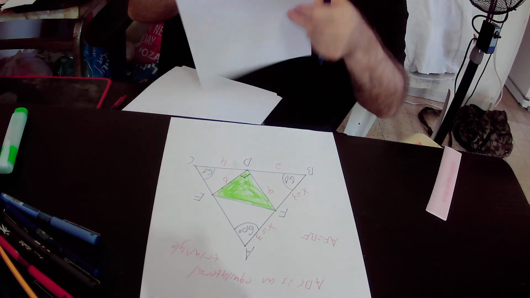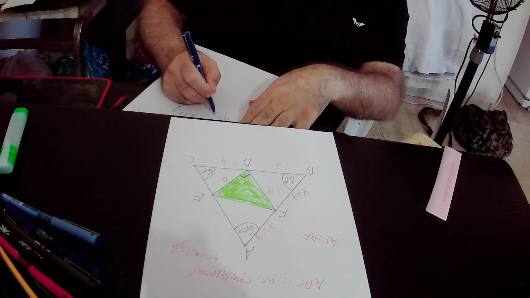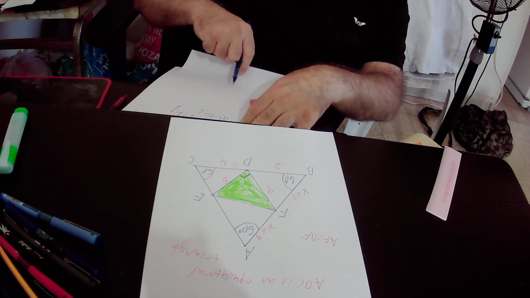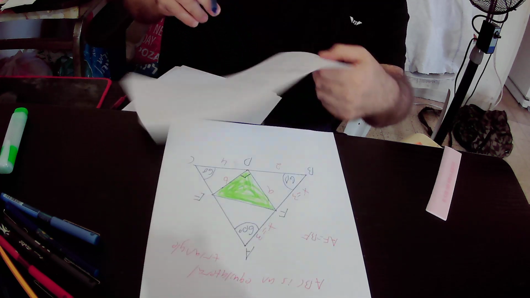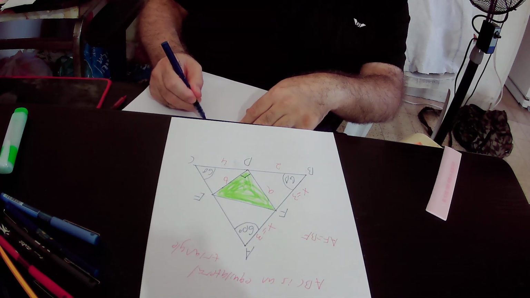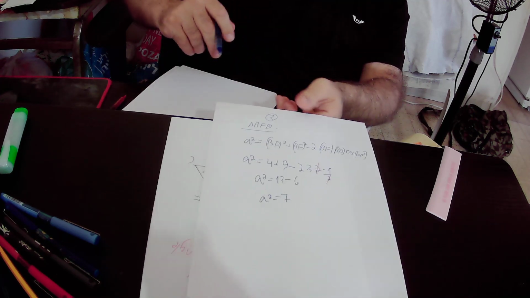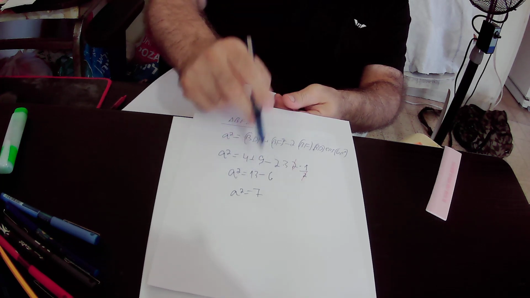Okay, so I write it down: a squared equals 13 minus 6, and 13 minus 6 is 7. So a squared equals 7.